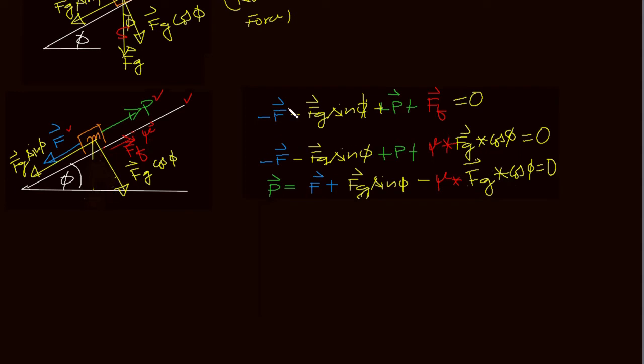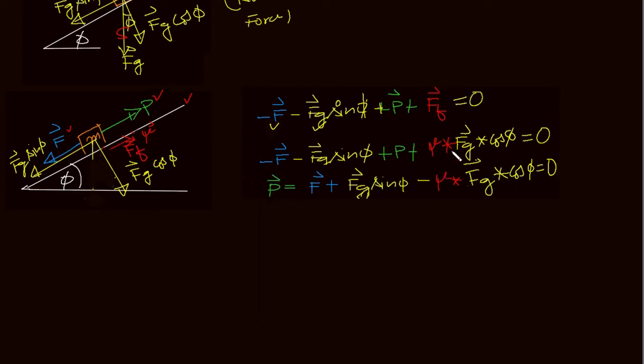All right. Okay. So we have minus F in the downward direction. We have Fg sine phi in the downward direction. Then we have P in the upward direction, and we have friction, the force of friction, in the upward direction.